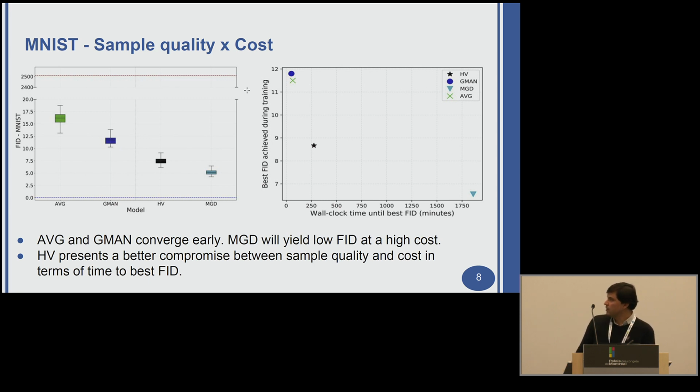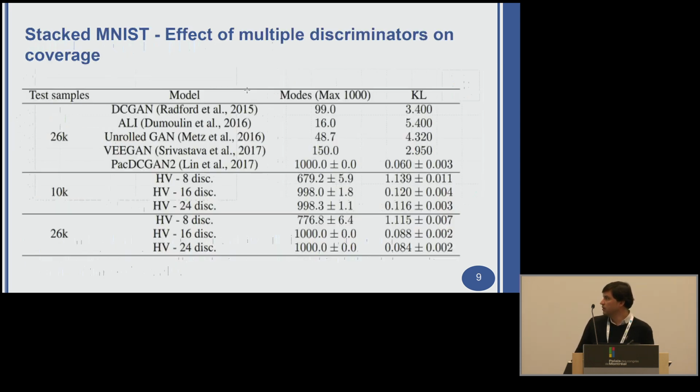What you can see is that MGD performs the best, but it takes a long time to converge. So what we argue is that in this trade-off on the right, in which you have the best FID achieved and the time to achieve it, hypervolume maximization has the best compromise. MGD is better, but takes a while to converge.